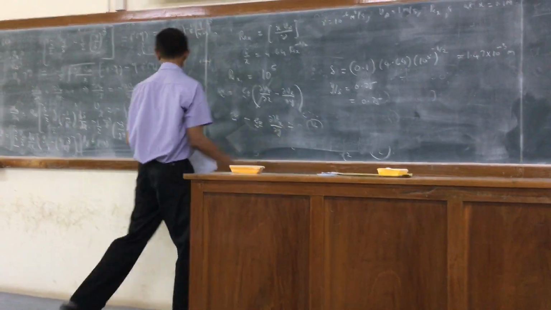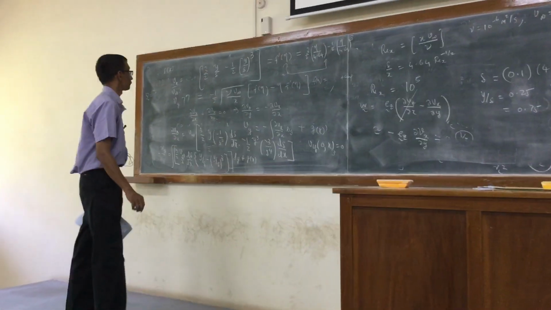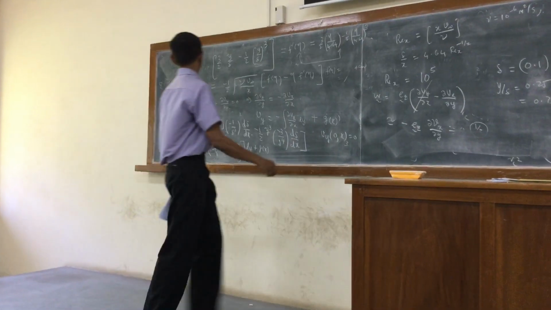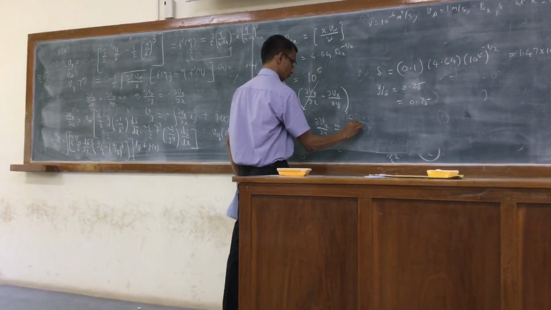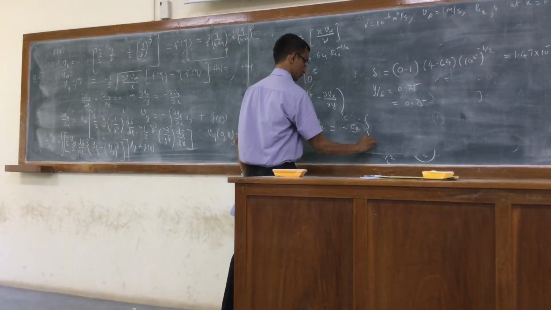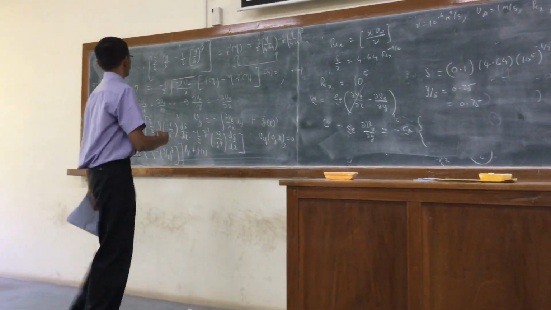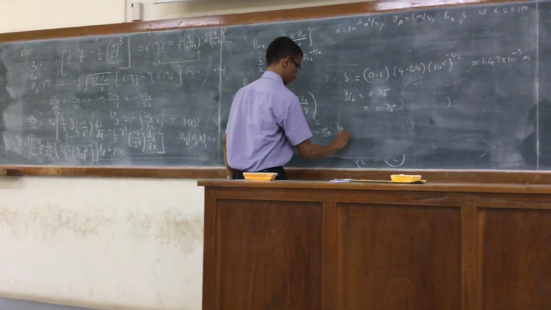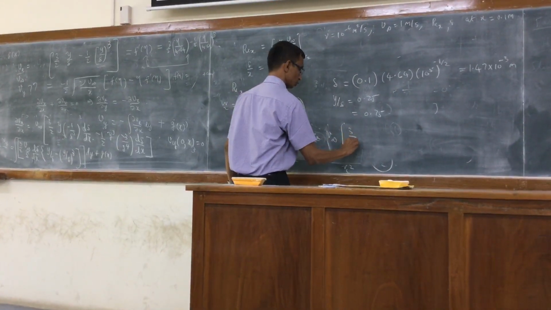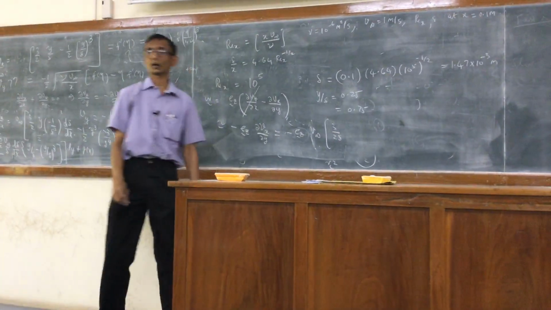So what is dvx by dy? Right? dvx by dy is V infinity times 3 by 2 delta, right?